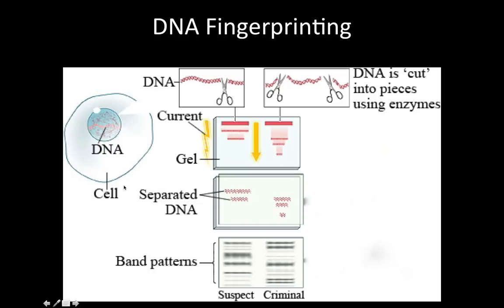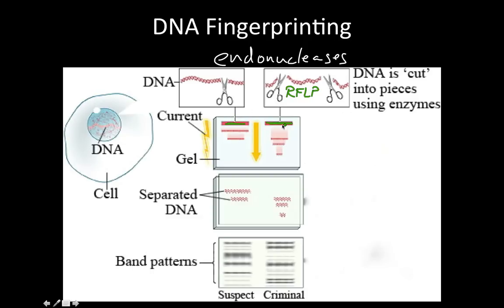So here's how DNA fingerprinting works. First thing that we need to do is cut the DNA using our endonucleases. So we're going to cut all of the DNA into, what's that term? Oh yeah, RFLPs. Then we're going to take those RFLPs and put them into a gel electrophoresis.